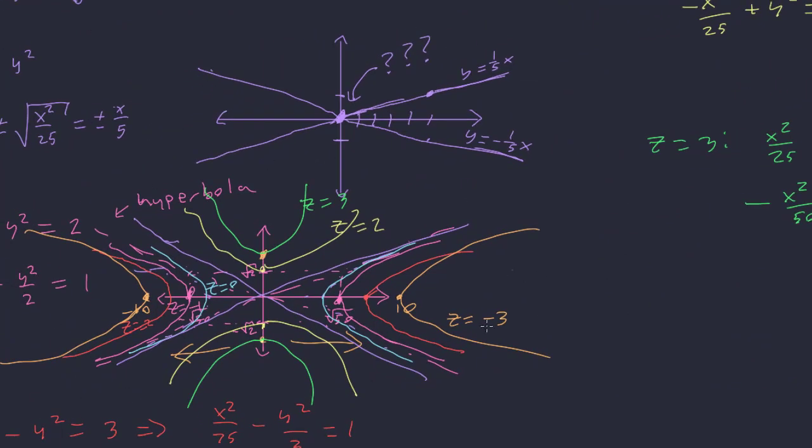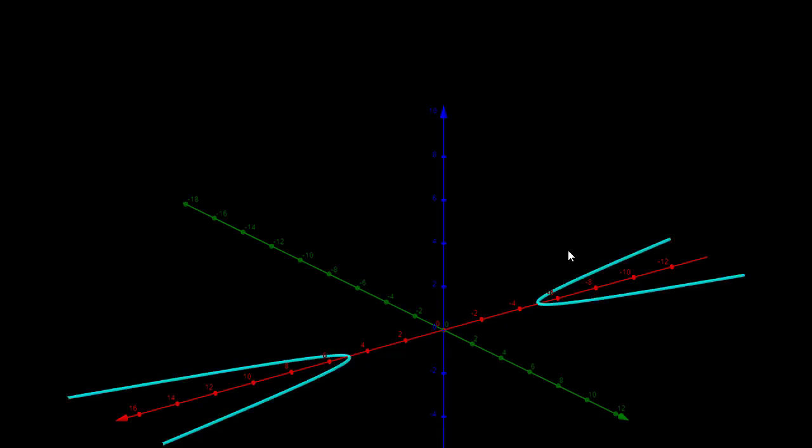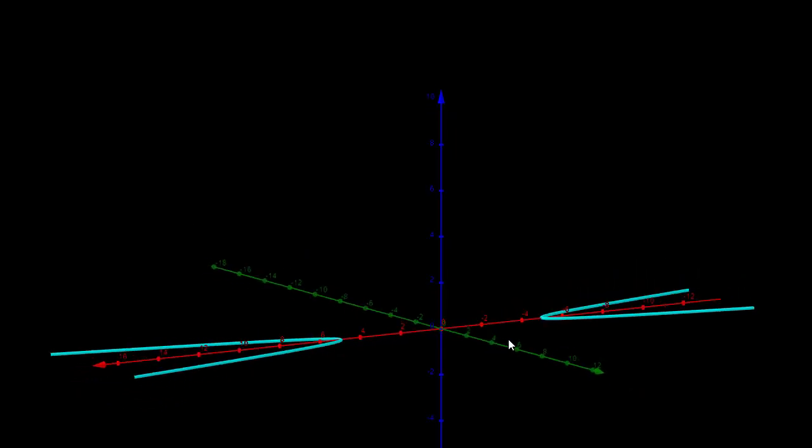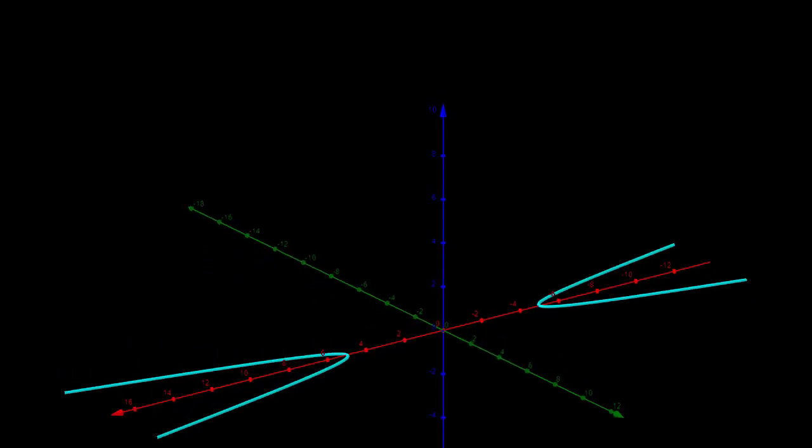So all this together on a 2D plane is kind of tough to glean what's going on, but if we look at it in 3 space, it should hopefully be a little nicer. All right, let's see. Okay, so here we are in 3 space, and here's that first trace that we had done before on the XY plane.